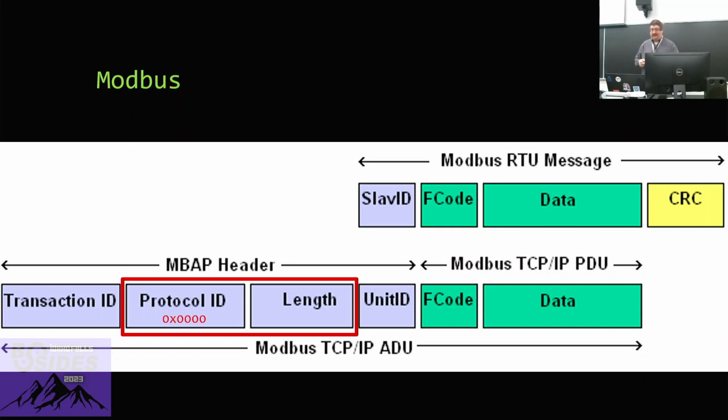The length field basically says how many bytes, and each length field's a little different, but for Modbus, it's how many bytes are after the length field, and it gives you that number. So we can say, look at this specific byte in the protocol, count how many bytes are after it. If it's more or less than that value, it's probably not Modbus. Then we can combine those and make a determination and say, we think this is Modbus.